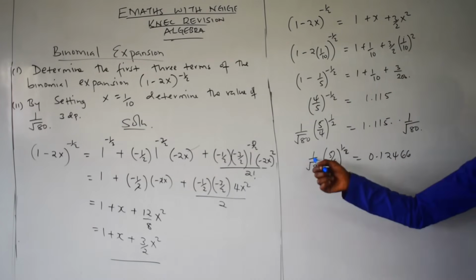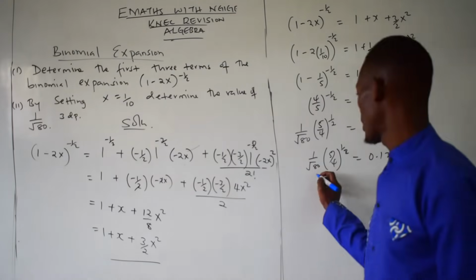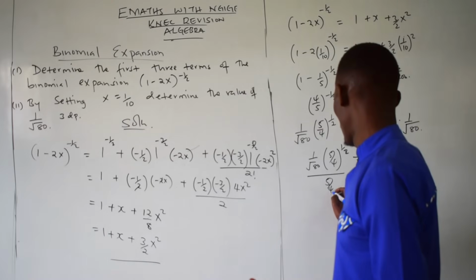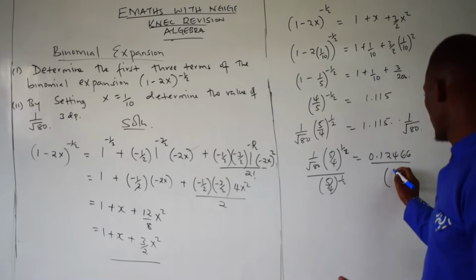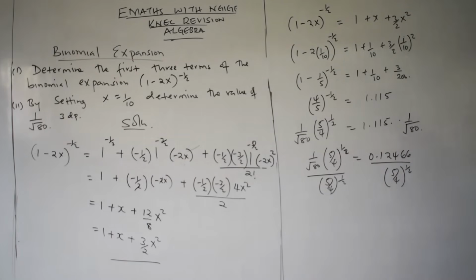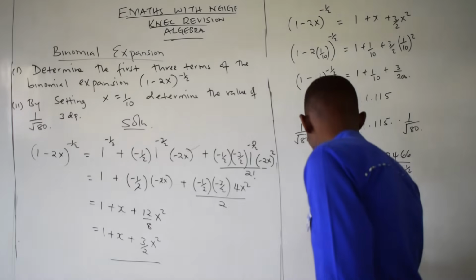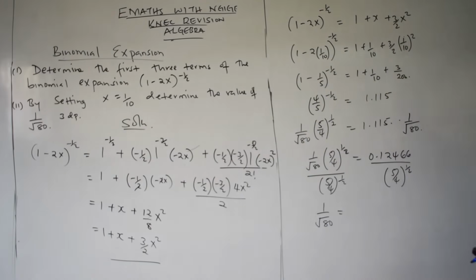Now we want to remain with the root of 80 this side. So we just divide by 5 over 4, then divide by a half, and also on that side, 5 over 4, then a half. So just make 1 over the root of 80 the subject.